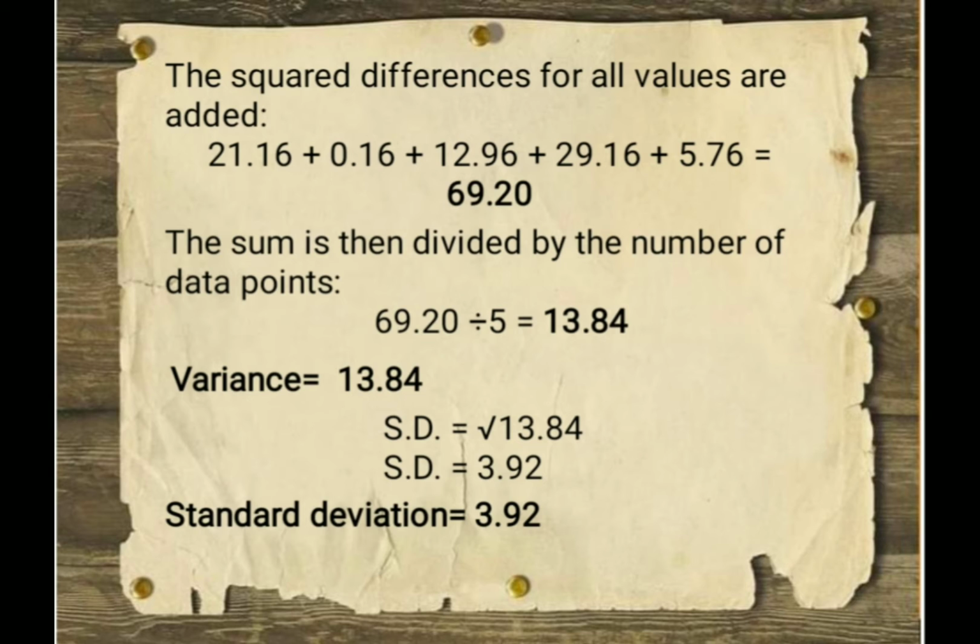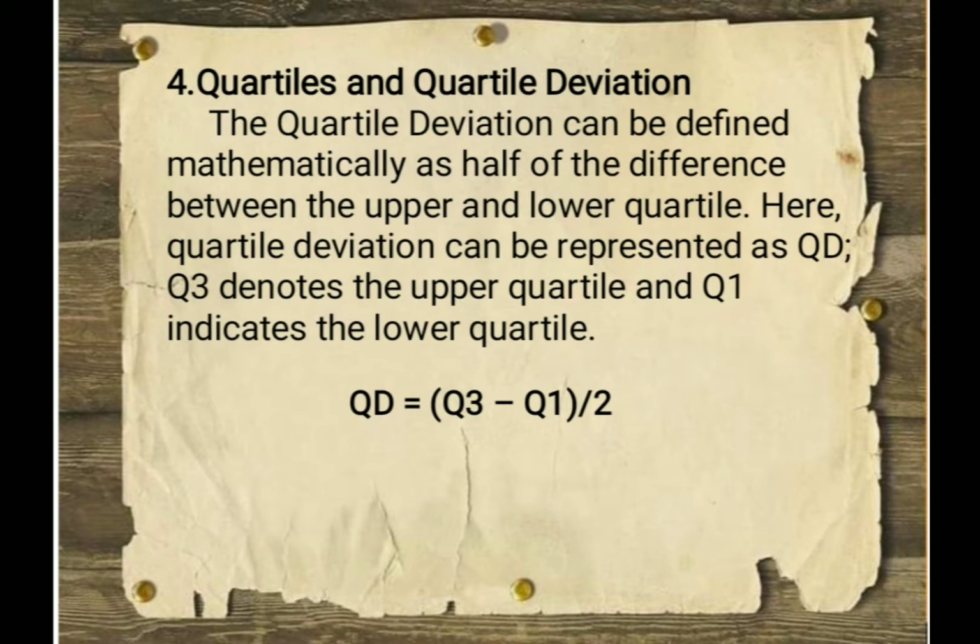The variance then is 13.84. To get the standard deviation, you calculate the square root of the variance, which is 13.84. So the square root of 13.84 is equal to 3.72. So our standard deviation is 3.72.